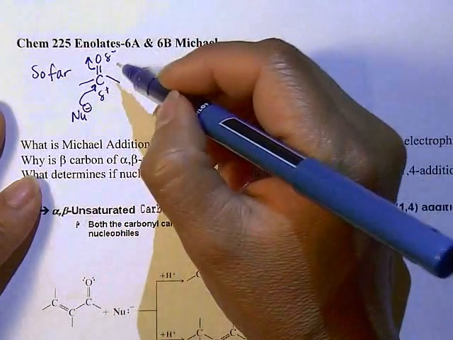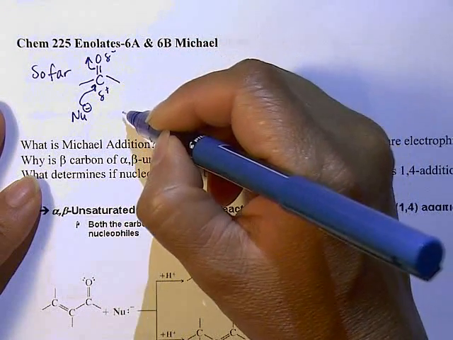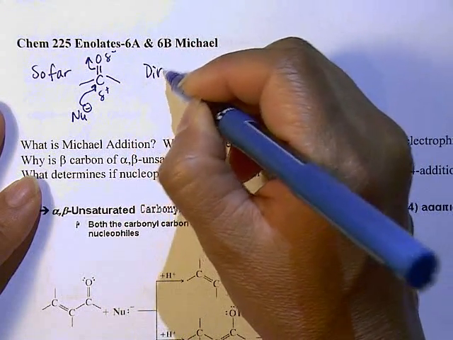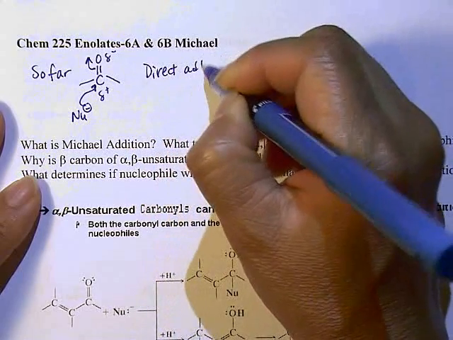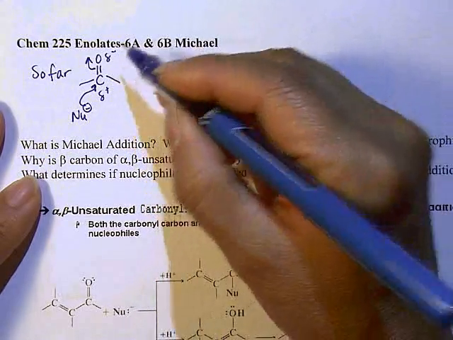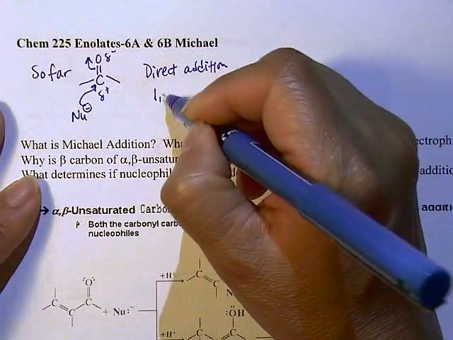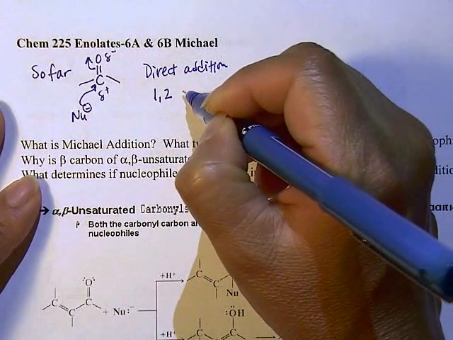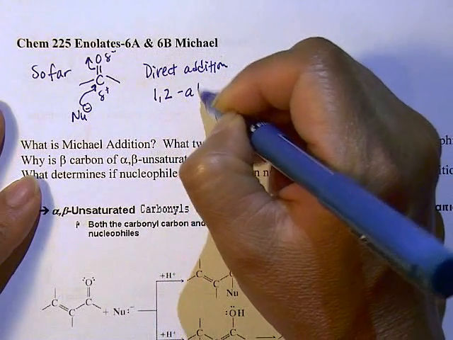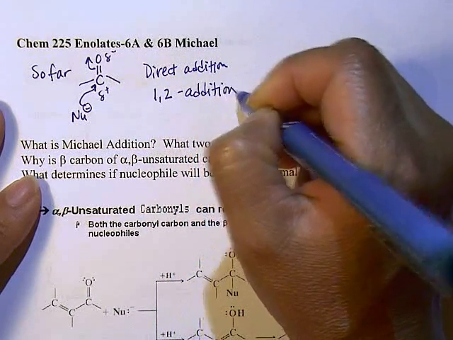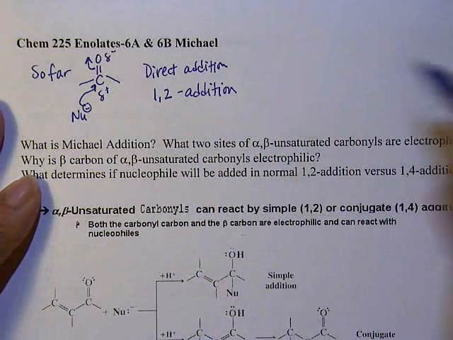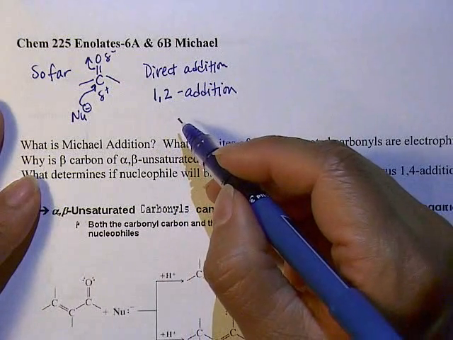This is called a direct addition of the nucleophile, directly attacking the C=O, and a lot of times this is called 1,2 addition. I'll go over where this number came from.